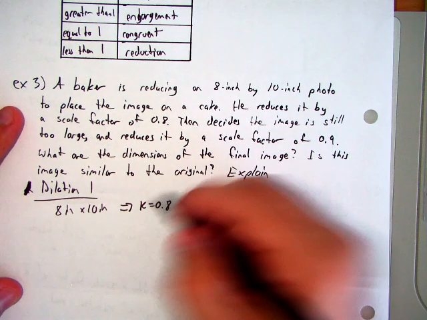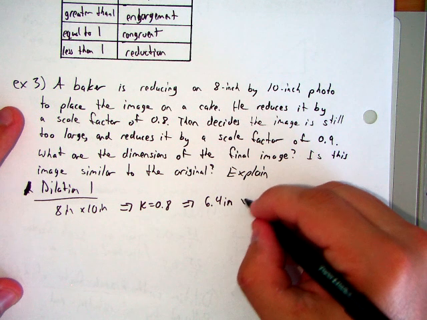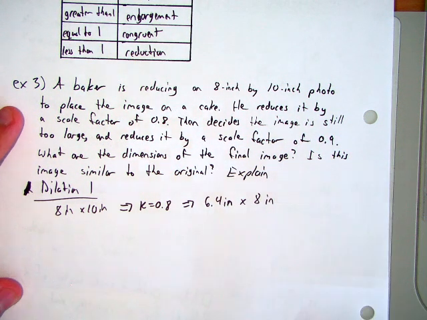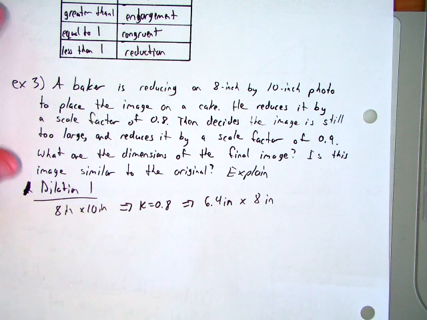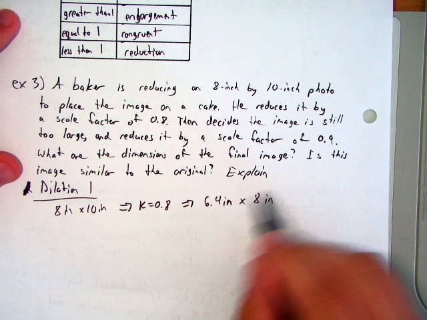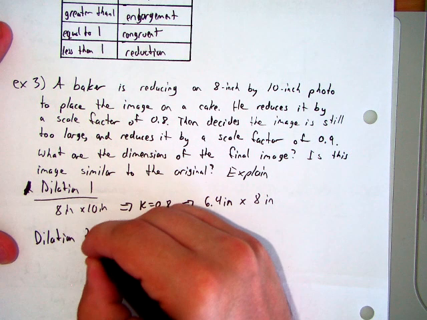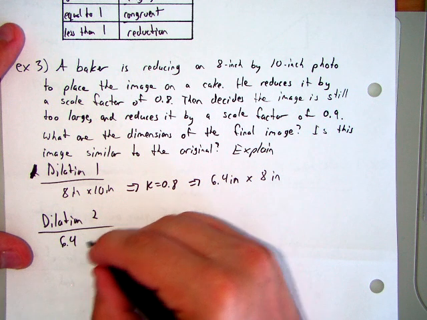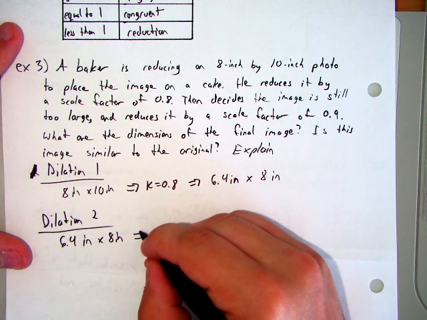So 8 times 0.8 is going to get 6.4 inches. And 10 times 0.8 is going to get 8 inches. So that's what the image looks like now after we do the first dilation. Now, dilation number 2. He decides it's still too big. So now the dimensions are 6.4 and 8.